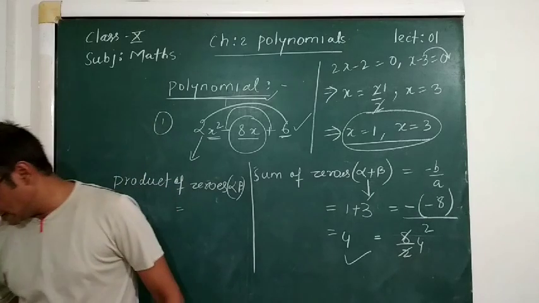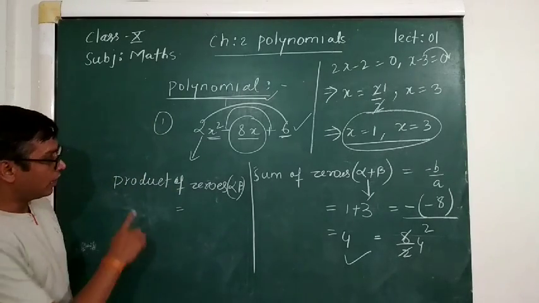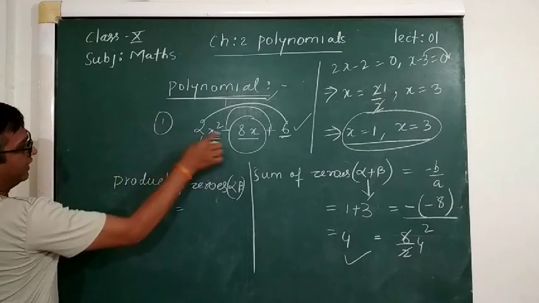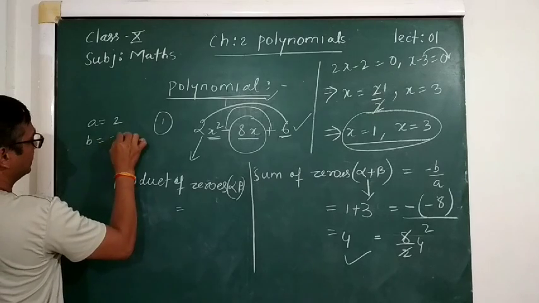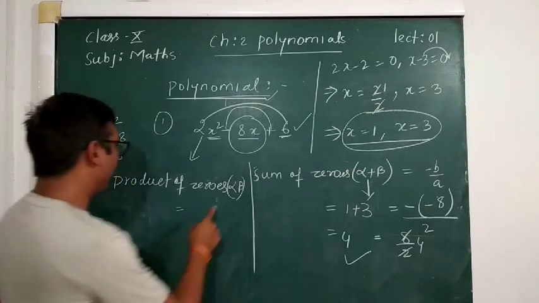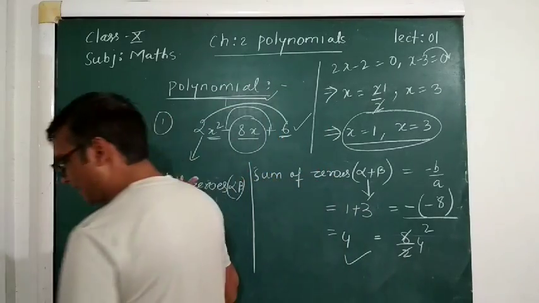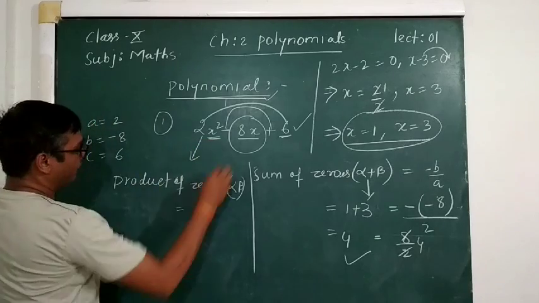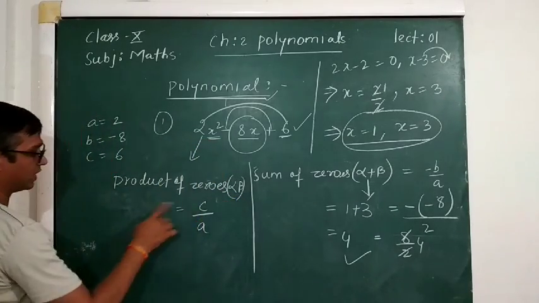Here we have taken a is equal to 2, b is equal to minus 8, and c is equal to 6. So alpha into beta's formula is c by a. So we will take c by a, and the product is alpha beta.